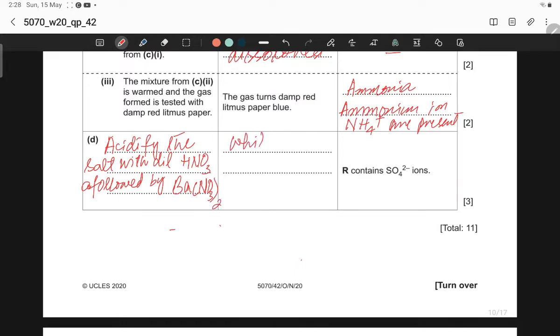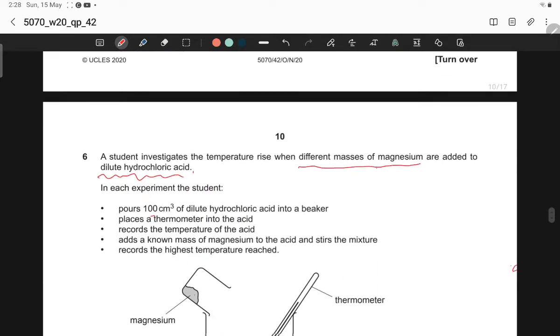A white precipitate is formed, which confirms the sulfate ions in the solution.